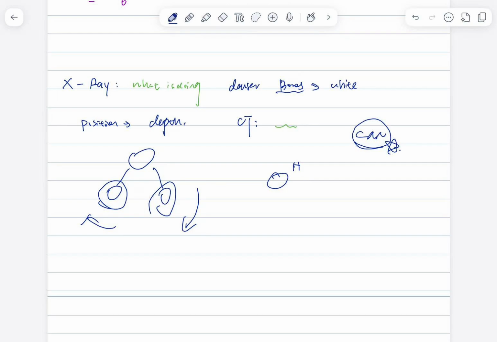Essentially, it's taking a scan of your entire body, and depending on the density of the material or matter inside your body, the particles sometimes get absorbed and sometimes pass through. The result is a final image, a cross section of the entire body.